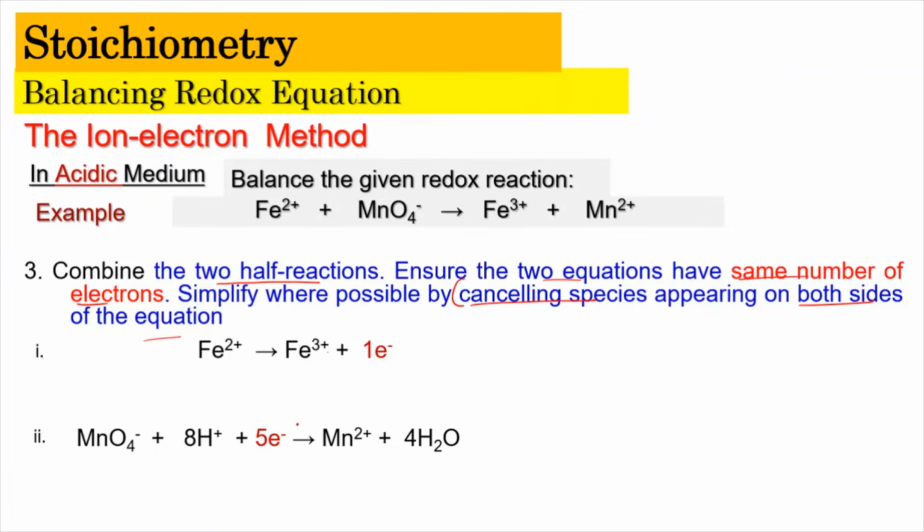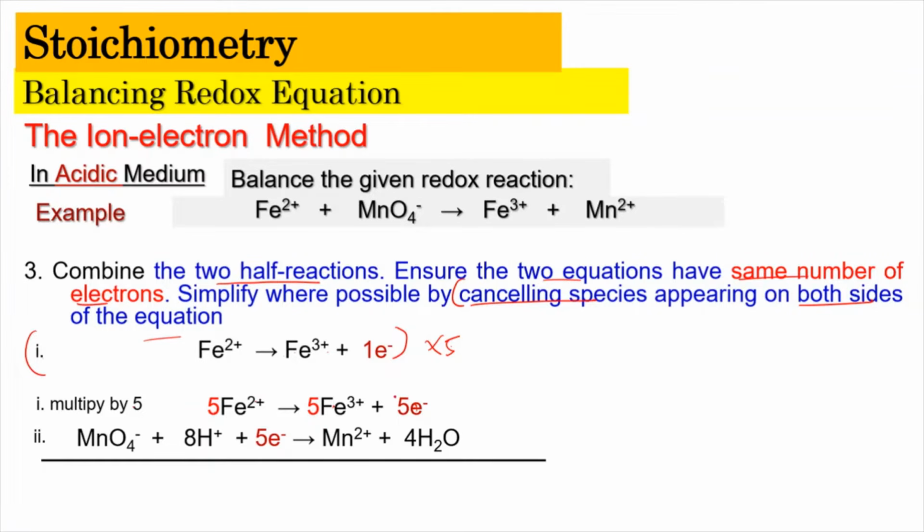So in order to make sure the number of electrons is the same, equation 1 we need to multiply by 5. When we multiply by 5, we get 5 Fe2+, 5 Fe3+, and 5 electrons. Once we have the same number of electrons, we can combine them. The 5 electrons on the product side will cancel out the 5 electrons on the reactant side. And for the others, we just copy them back again.